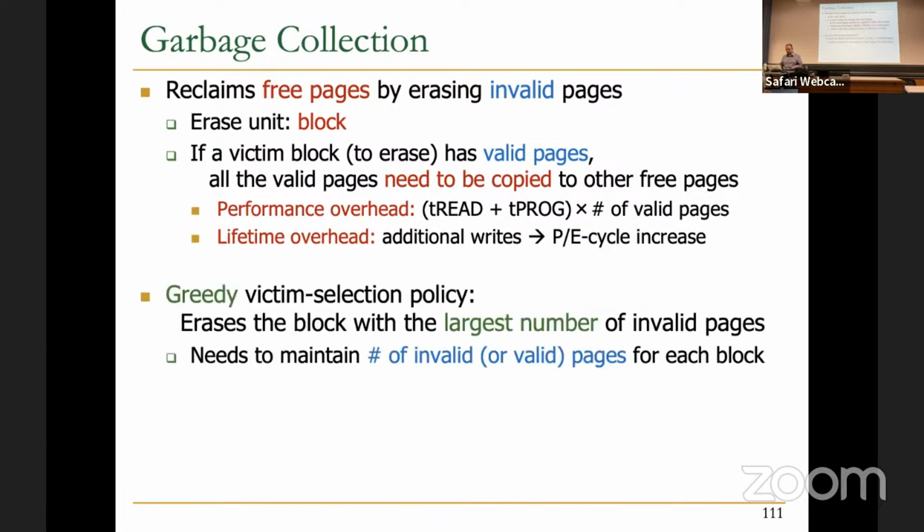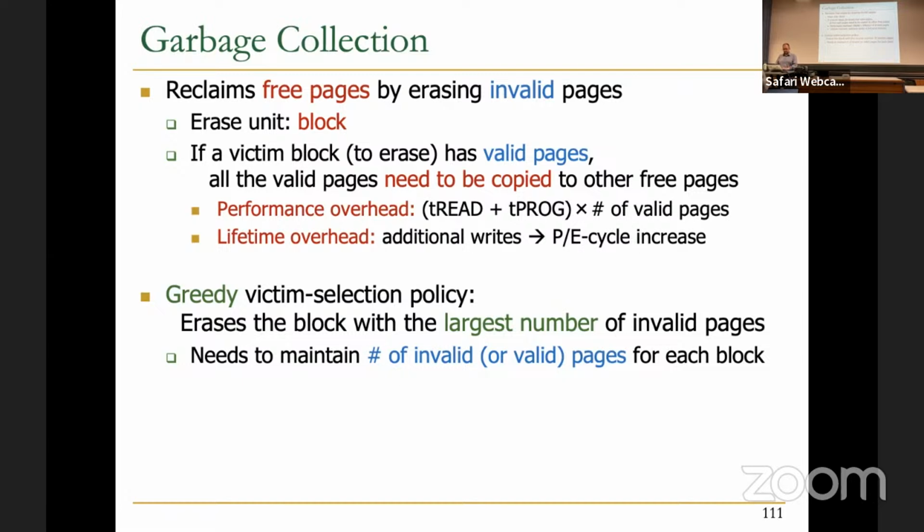Okay, one of the policies for garbage collection is called the greedy victim selection policy. You erase the block with the largest number of invalid pages. You just search and select the block with the largest number of invalid pages as the victim. The idea is simple, because that block has fewer valid pages, so hopefully you can reduce the copy latency.